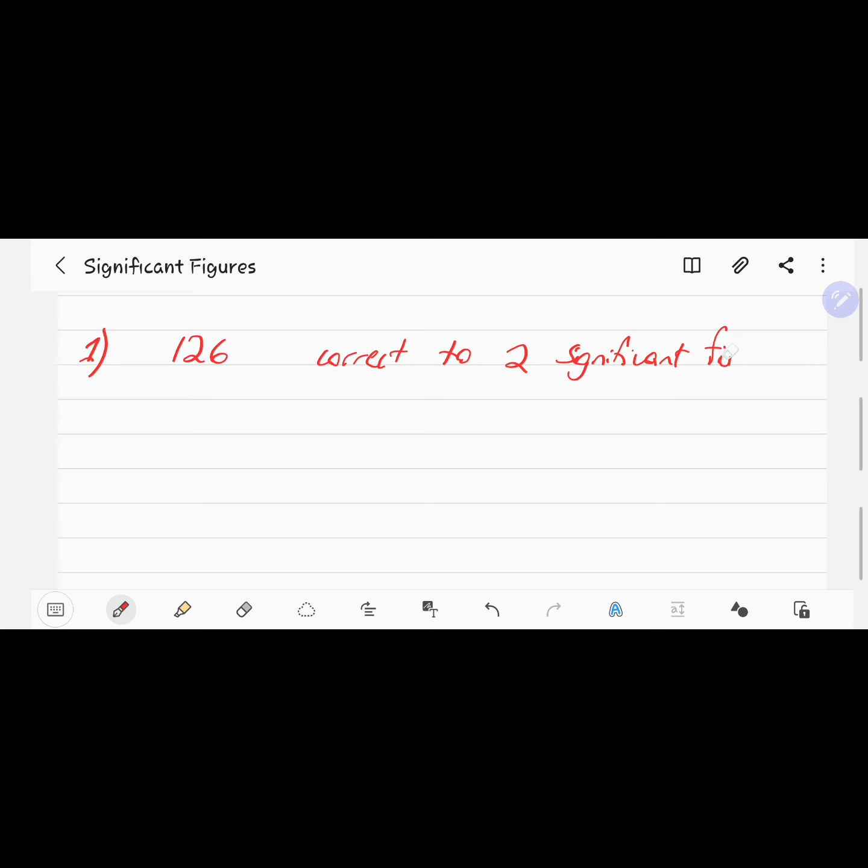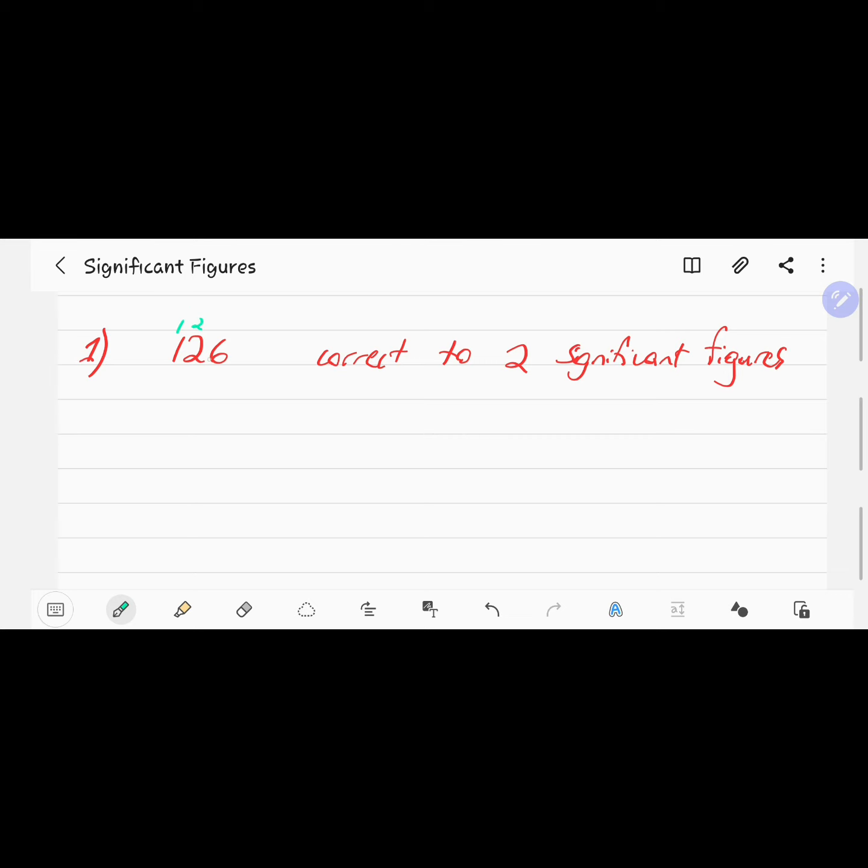Now, when you see this, you might be wondering, hey, what does that mean? It means we want the two most significant figures that define this number. We just want the first two. And how we're going to do that is to count the first two significant figures.